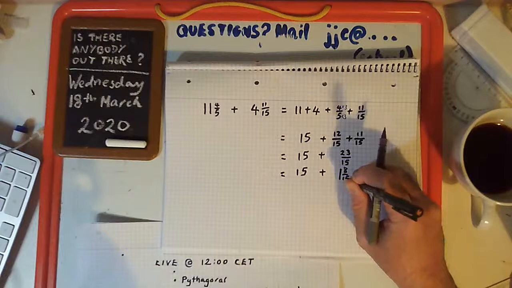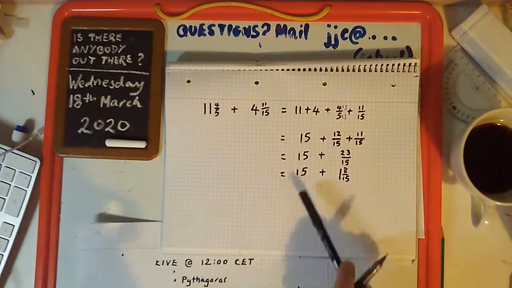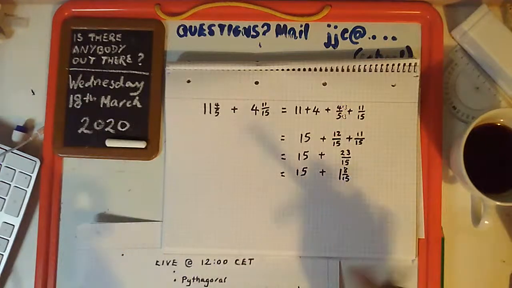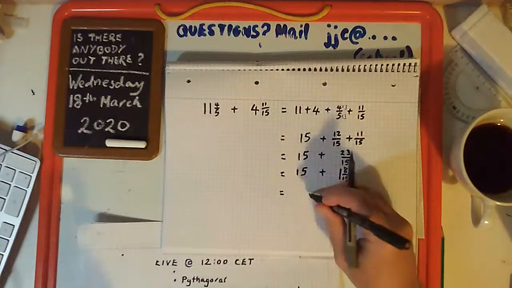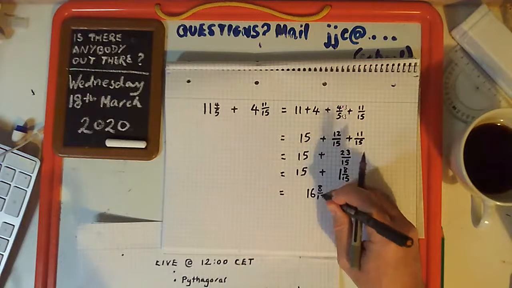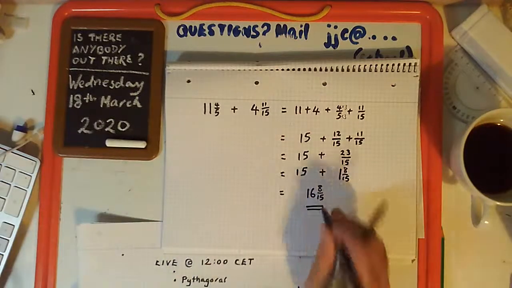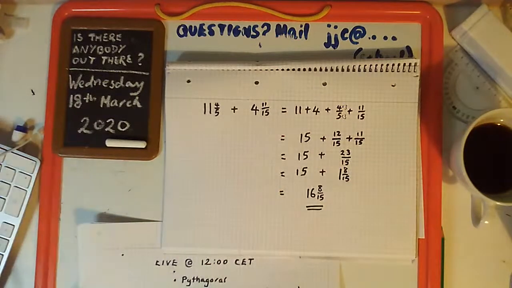So 23 fifteenths is the same as 1 and 8 fifteenths. So I've got 15 plus 1 and 8 fifteenths makes 16 and 8 fifteenths. And 8 fifteenths doesn't reduce, so that's that one there.